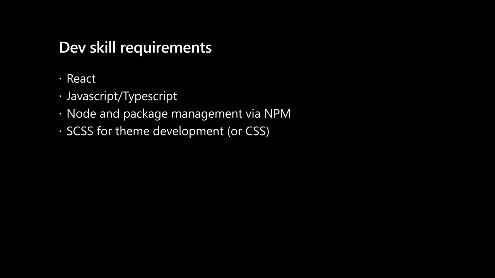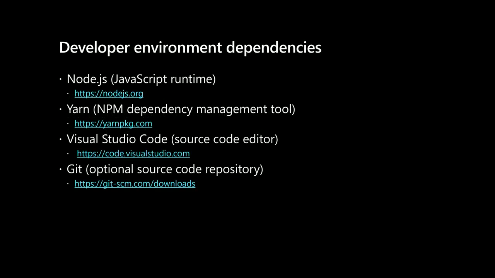So the dev skill requirements: we're using a pretty modern stack. If you're familiar with React and JavaScript, these are real modern tools that Facebook, Instagram, a lot of the big companies are using these days. So the typical dev skills are React, TypeScript, JavaScript, Node. We use Node.js, and so also some familiarity with NPM if you've used Node is good, and some Sass.